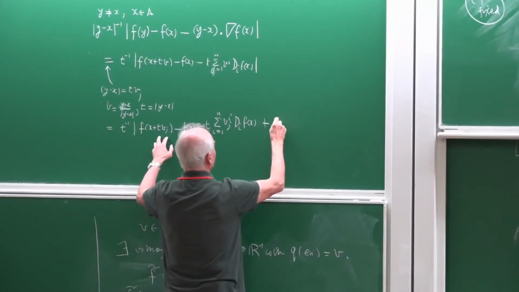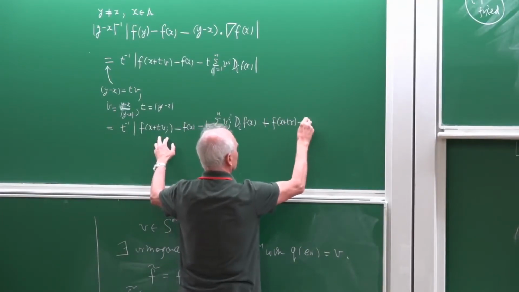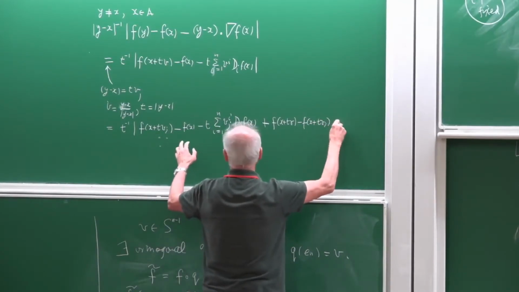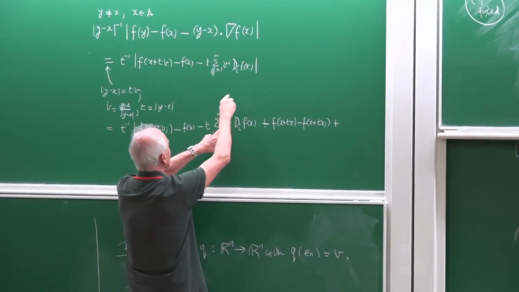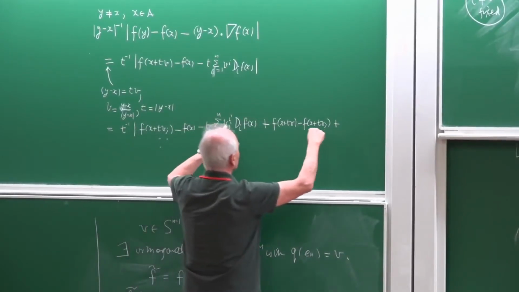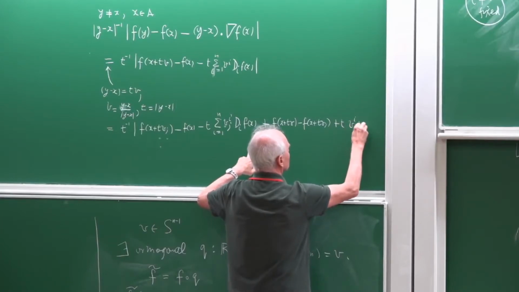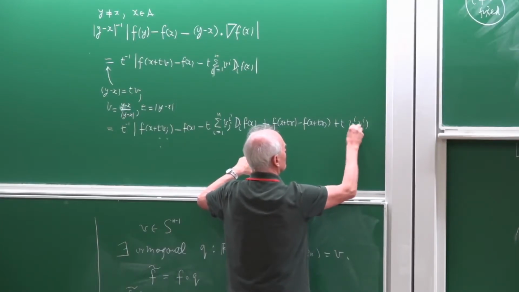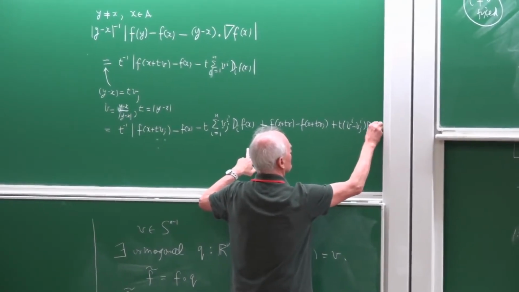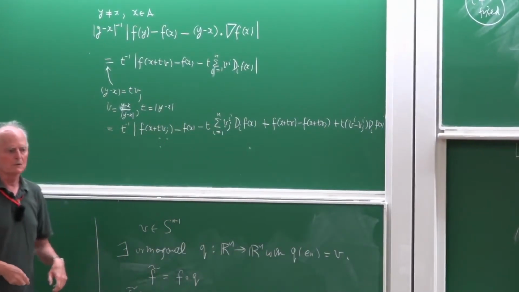So the correction terms are f(x plus tv) minus f(x plus tv_j), and then the remaining correction terms, v_i minus v_{j,i}, so t times (v_i minus v_{j,i}) times d_i f(x). That's what you get when you do the correction.